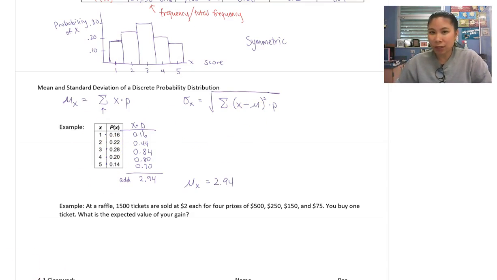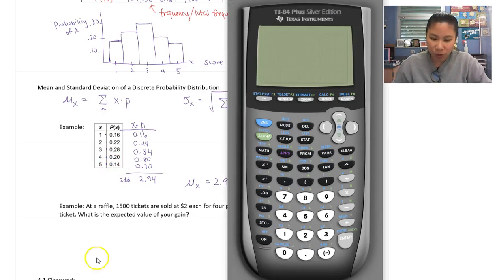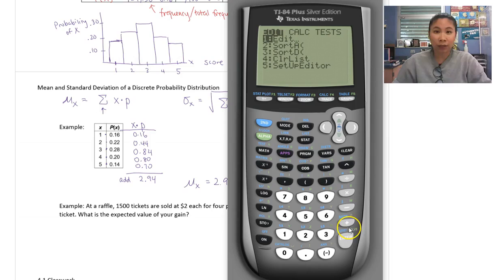This process is actually something you've done before. If you remember back in chapter 2 when we did the mean and standard deviation of a frequency distribution, it's the same process. We just didn't have probabilities. You had frequencies instead. But it's pretty much the same buttons. So first, have your calculator out. You're going to type in your lists. Remember, our favorite button is stat.